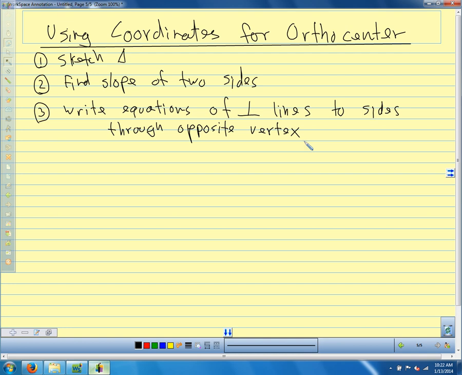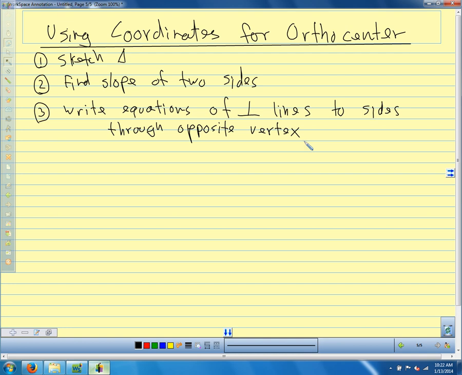Now before we go on, let's remember how the slopes of perpendicular lines are related. Slopes of parallel lines would be congruent. Slopes of perpendicular lines are opposite reciprocals.